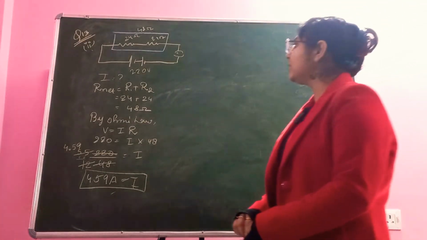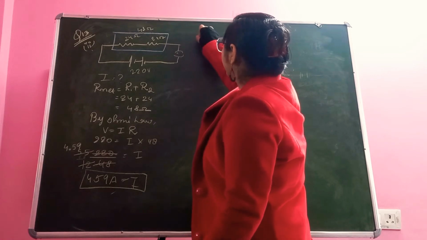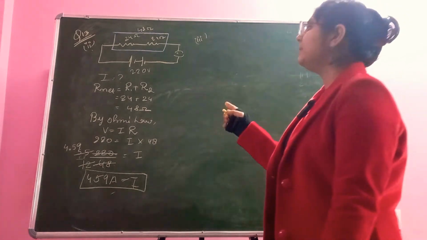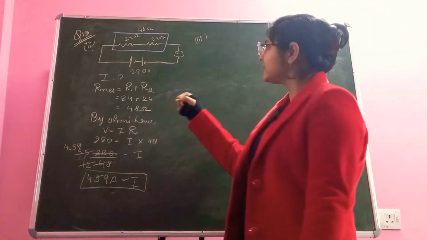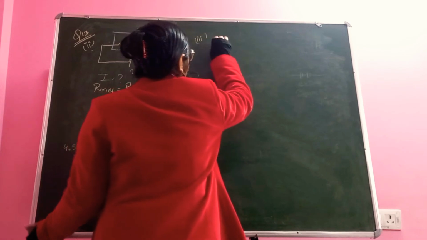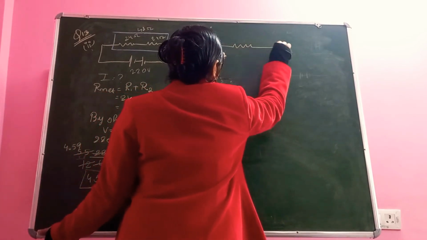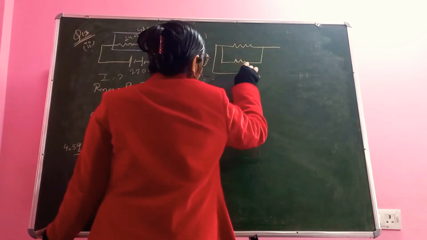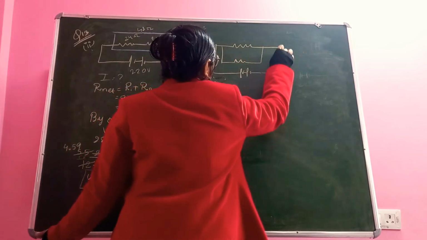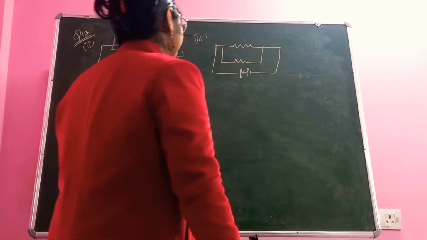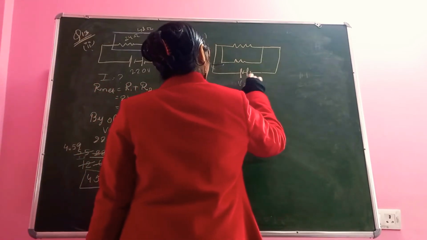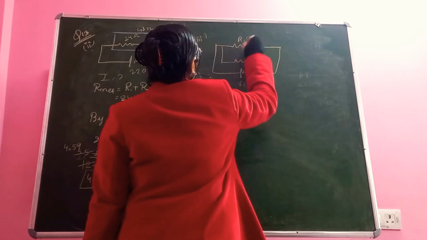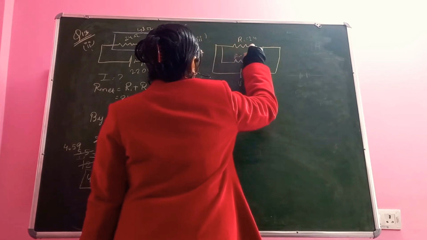And next, coming to the third part, which says what will be the current if these resistors are connected in parallel. So let us connect these resistors in parallel to 220 volt, R1 is again 24, R2 is also 24.